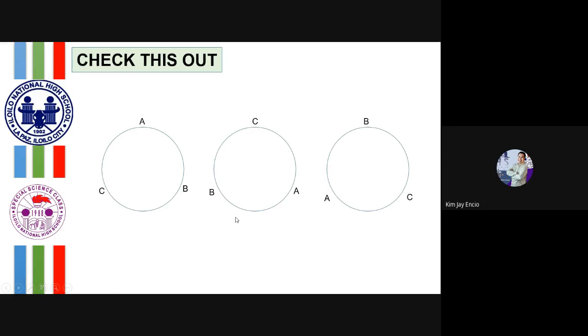If I rotate this circle once more, including the digits, by 120 degrees, the A goes to the position of B, B goes to C, and C goes to the position of A. It will result in this. And the thing is, are these arrangements different or are they the same?